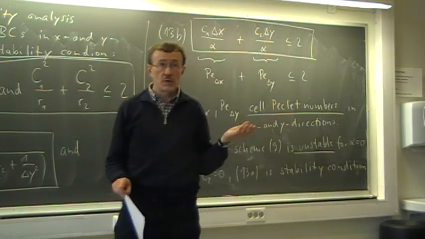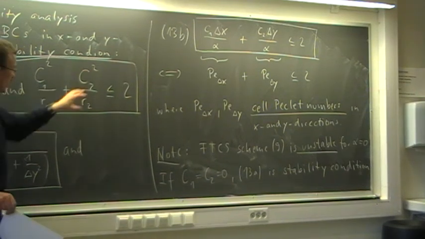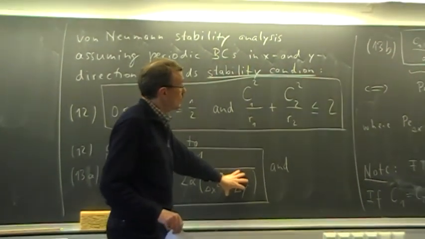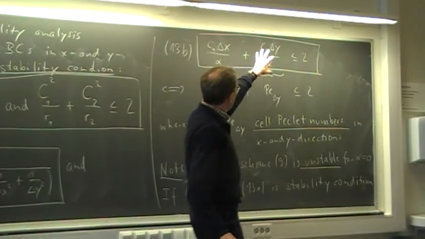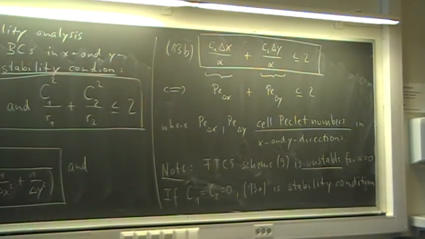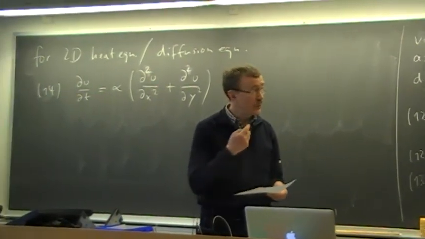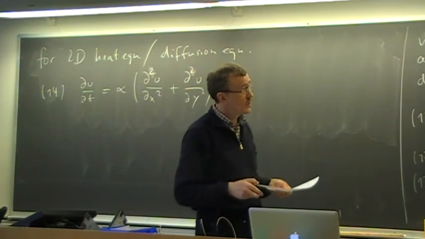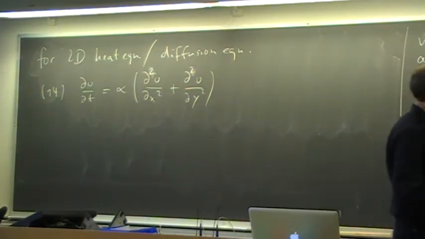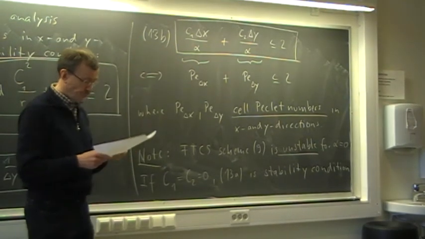And for 1D it is very simple, that would be 0, that would be 0. This would not appear in 1D, and this would not appear in 1D. Then we have the 1D conditions. So then we have the way how to choose the time step. But we need then this extra condition on the sum of the Peclet numbers, which is this.